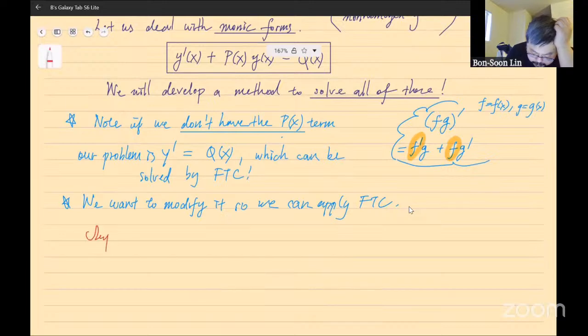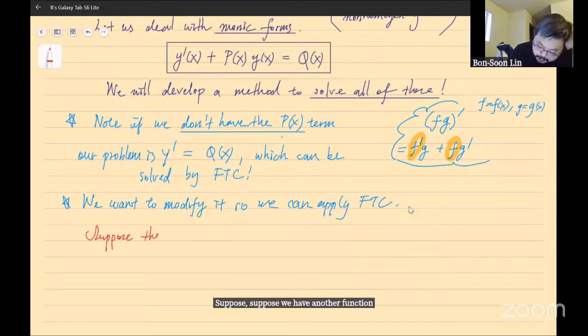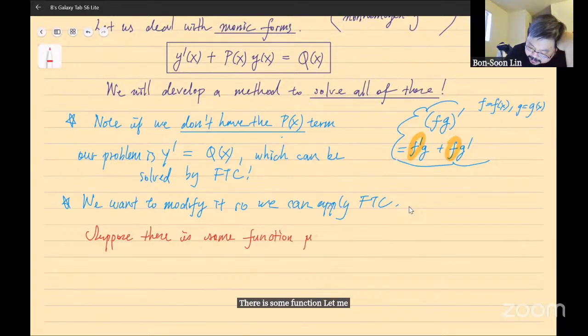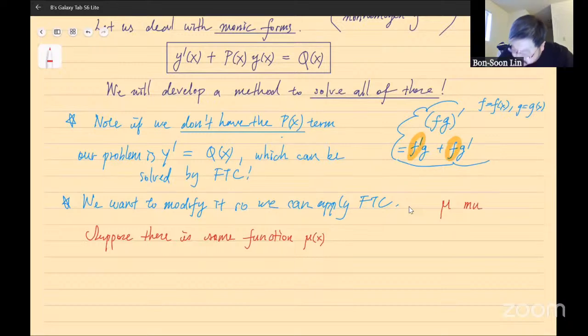Suppose we have another function. There is some function. Let me call this mu of x. This is the Greek letter mu, or the letter M in Greek.